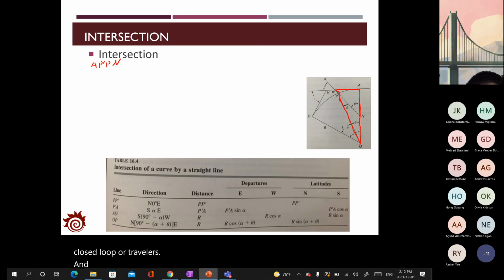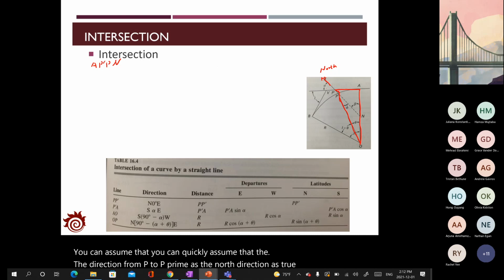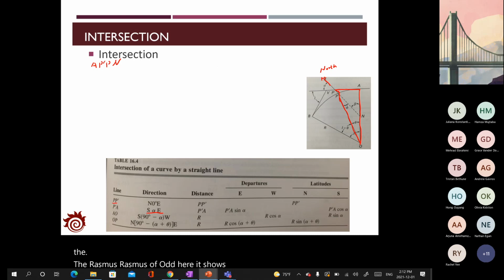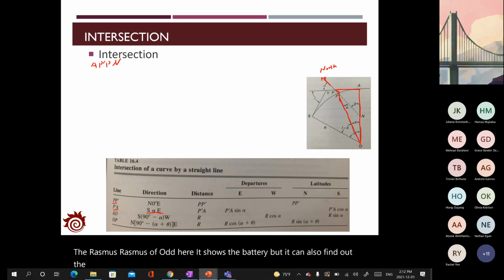You can quickly assume that the direction from P to P prime is the true north direction, so that the azimuth of P to P prime would be 0, and then you can derive the azimuth, or here it shows the bearing, of the line P prime to A, A to O, and O to P, based on the values of alpha and theta.